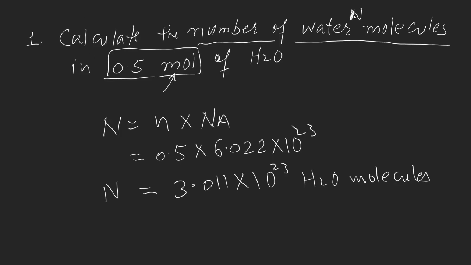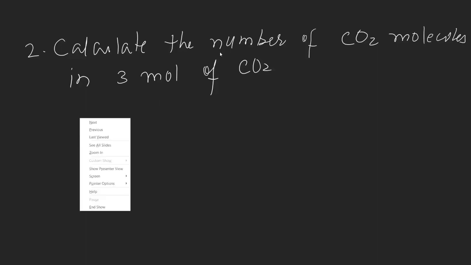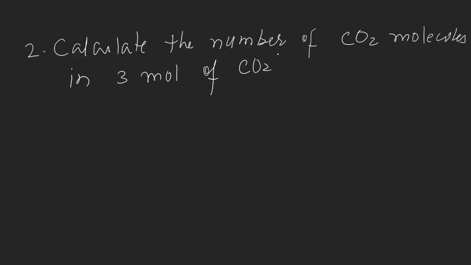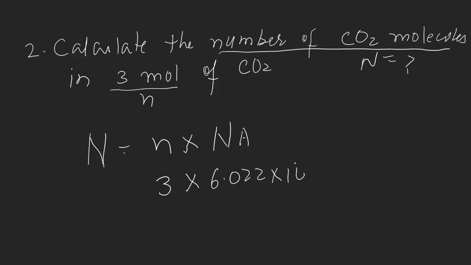Let's try another question. This is a very similar example. Again, they're asking you to calculate the number of CO2 molecules. So again, the question mark is capital N, they want you to find, and 3 moles, small n, is given to you. So use the same formula, N is equal to n times NA. n is given to you, 3, and NA is 6.022 times 10 to the power 23. Now 6 times 3 is 18.